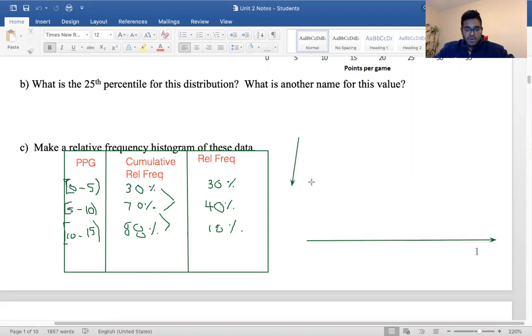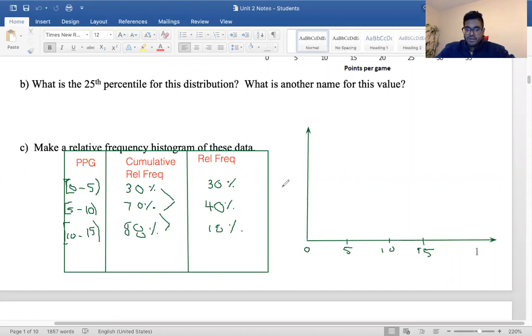Oops, gone the wrong way. And then I can label these. I can label my x-axis, starting at 0. We're going to 5, then we're going to 10, 15, and so on and so forth. You can keep doing this as you go along.